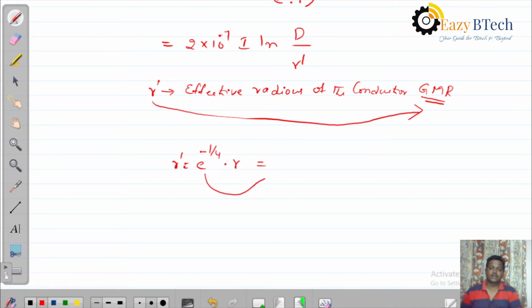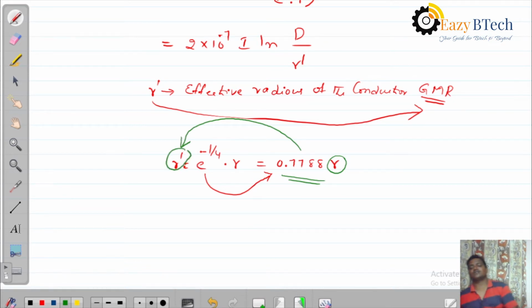If you calculate with a calculator, e power minus 1 by 4 is 0.7788, so r dash is 0.7788 into r. If you know the radius r of the conductor, you can easily get the effective radius r dash by multiplying by 0.7788.